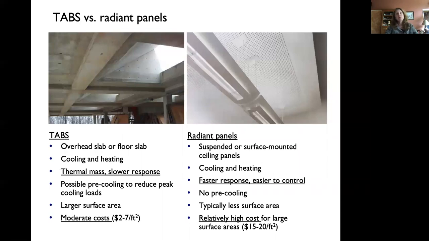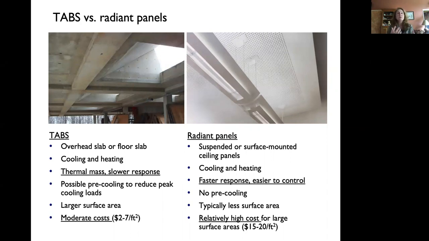Another advantage, which enables you to reduce the peak loads, Stet and I have both talked about this: when you look at the cost of energy and the impact on the grid, wouldn't it be great if you could generate that cooling in the evening when the rates are cheaper and you're not impacting the grid, and then pre-cool the space by pre-cooling that mass, and it lets you float over a longer period of time.